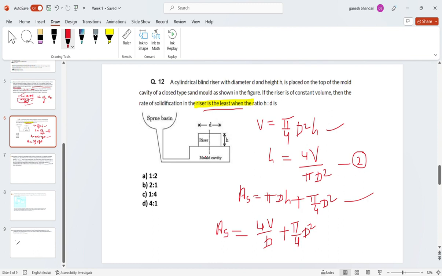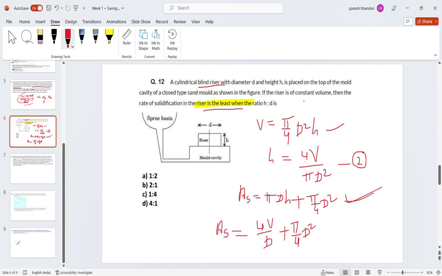Because of that, your bottom and top, one part is not considered, so only 1 pi by 4 d square came. It is a blind riser, so one side is not in use. That's why we will read more about different types of risers in the subsequent lectures. So 2 pi by 4 d square is not considered, only 1 pi by 4 d square is considered.